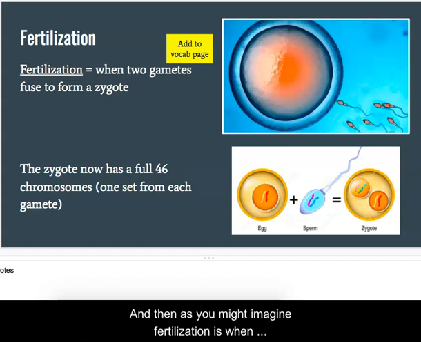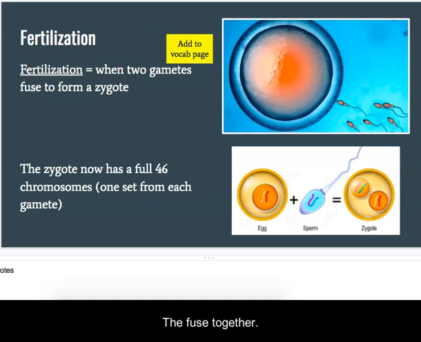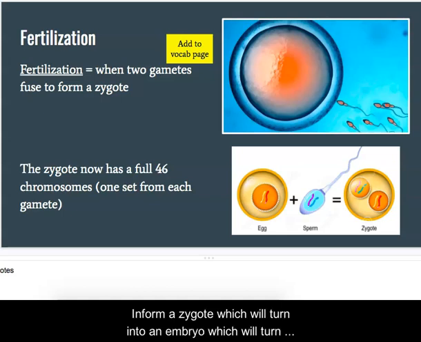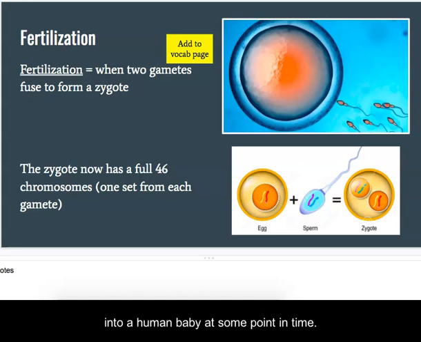And then, as you might imagine, fertilization is when you join those sex cells. So when 2 gametes fuse, in this case for humans, it would be the egg cell and the sperm cell. They fuse together and form a zygote, which will turn into an embryo, which will turn into a human baby at some point in time.